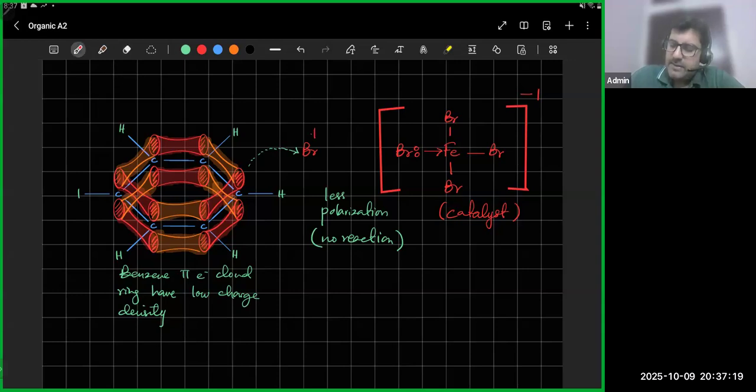वो जाएगा and it will start attracting electrons from the benzene pi electron cloud. So one of these p orbitals over here, which was overlapping, will get attracted to this Br and it will bond with it. तो होगा ये कि ये pi electron cloud में से बीच में से गायब हो गया. ठीक है, so one of the carbons is no longer sharing its p orbital with the rest of them. Instead, its electrons are now attracted and bonding.